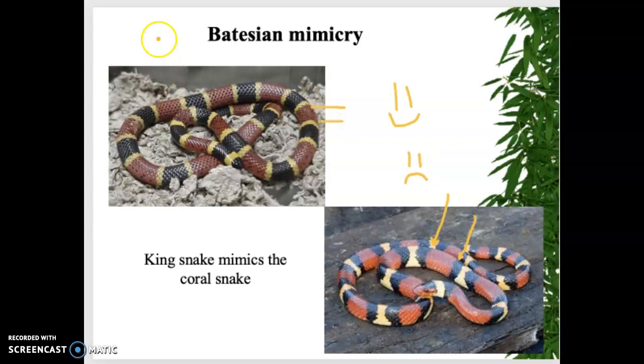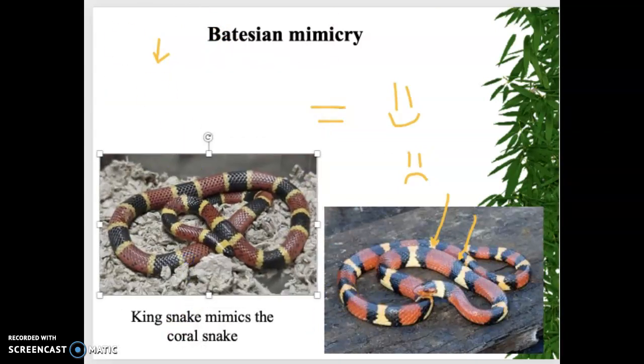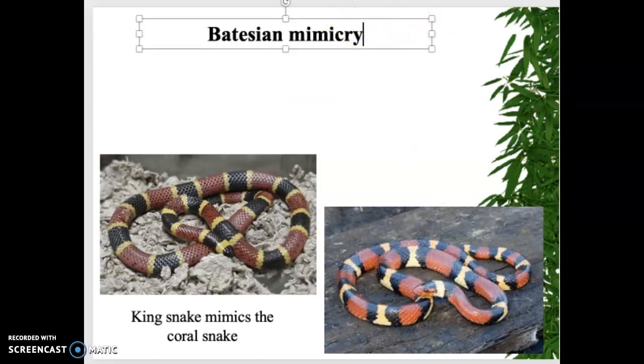So this is a snake that will kill you in one bite. That's the coral snake. The king snake over here is completely harmless. It's a mimic. So in Batesian mimicry, the way this works, let me get some room here. The Batesian mimicry model only works if the population sizes are skewed.